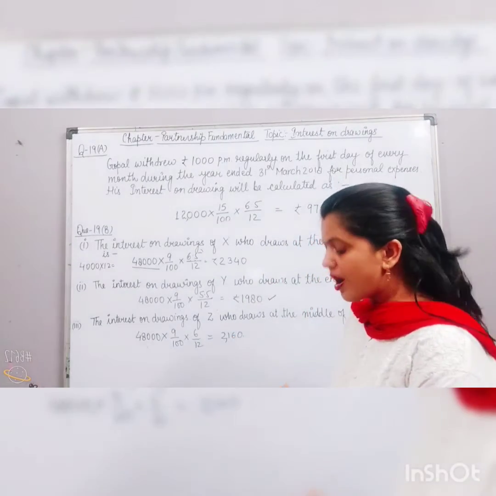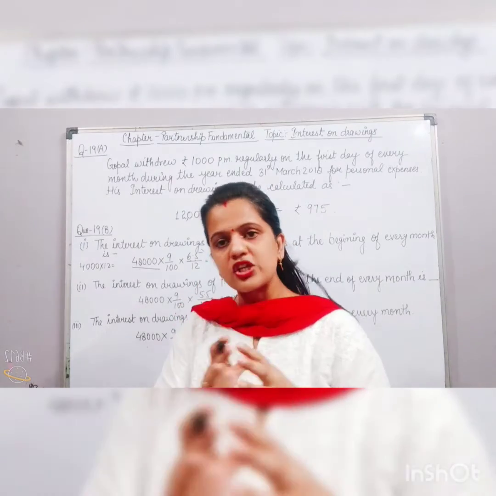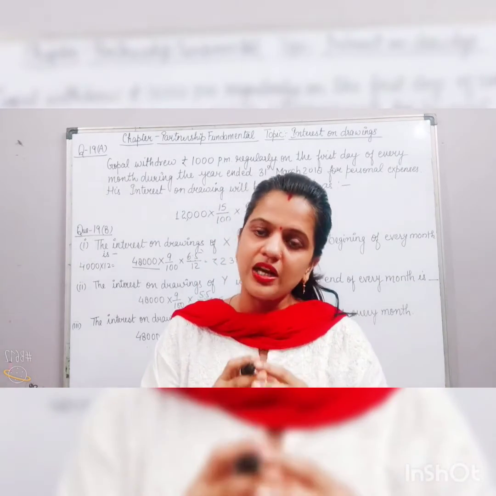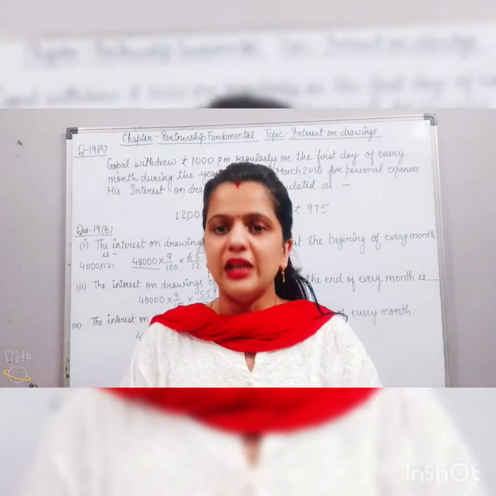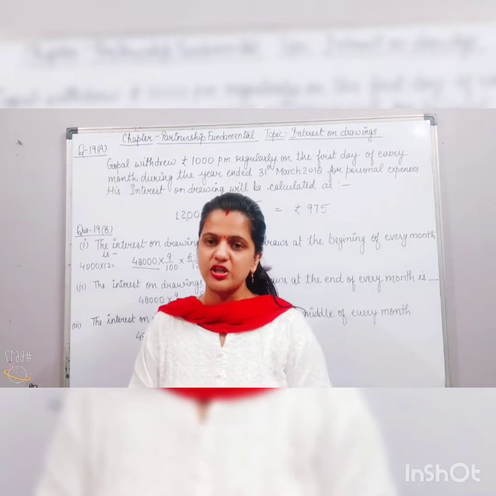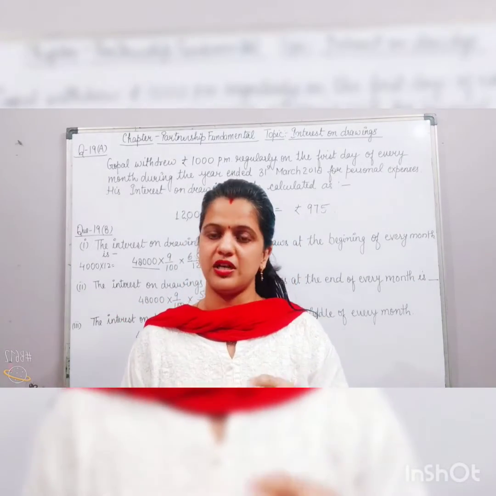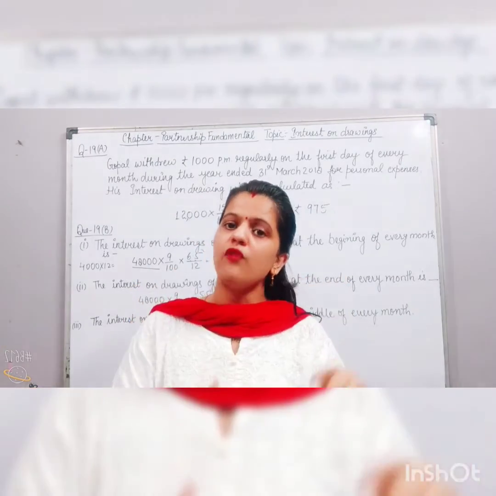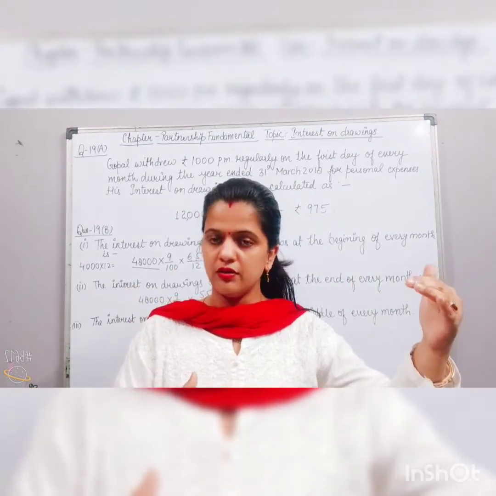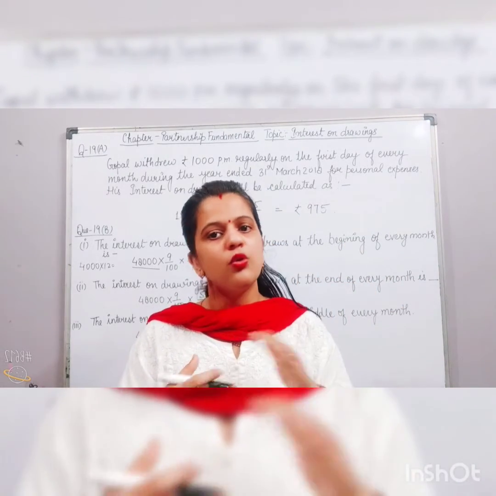One thing you have to see in the question very carefully, children, is whether the amount given in the question is per annum or on a monthly basis. As you have seen in this question, the amount given was rupees 4,000, and he is withdrawing 4,000 at the end of every month whole year, or beginning of every month whole year, or middle of every month whole year.